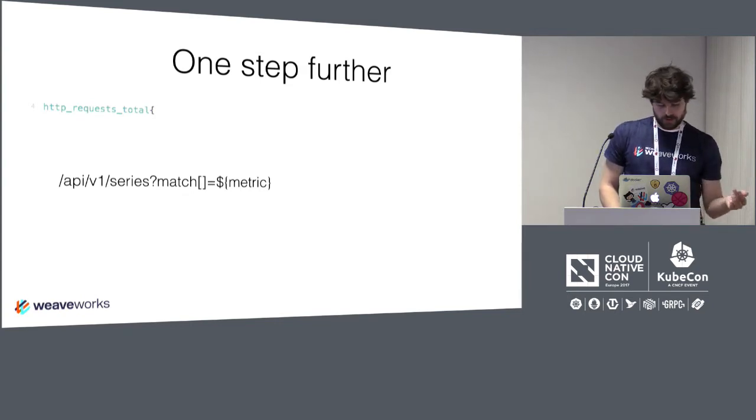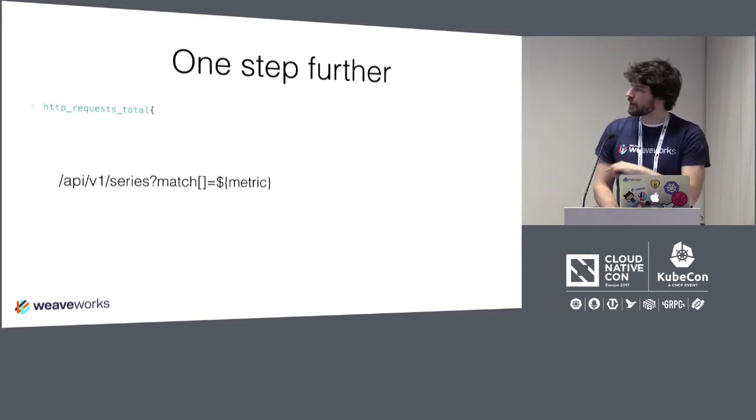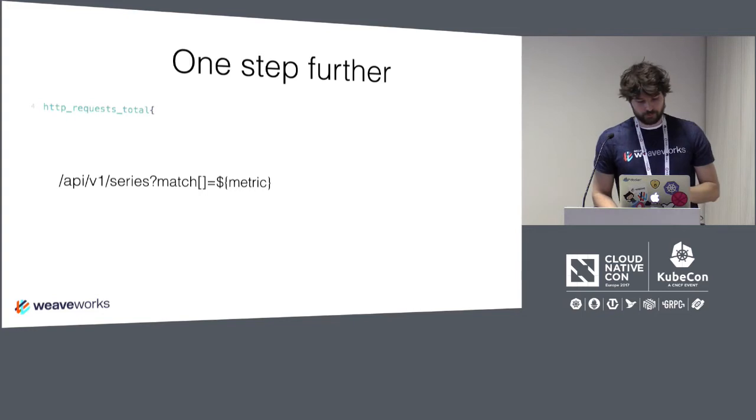So the question is, if I start typing the opening curly braces, what should happen next? If I use the Prometheus API with the metric name, then I get back all the label keys and all the values.